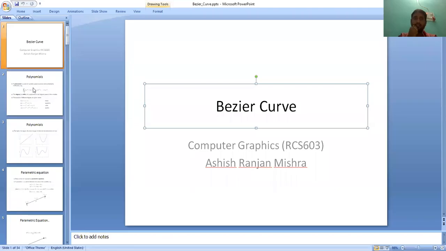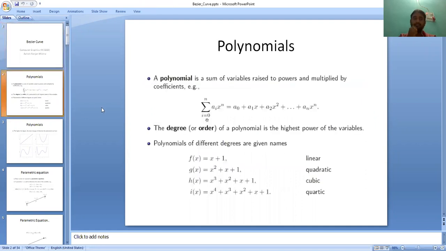Before studying the Bezier curve, we are slightly moving towards what a polynomial is. A polynomial is a function that is the sum of variables raised to powers and multiplied by some coefficients. For example, when we write the sum for i equal to 0 to n of ai xi, that is a0 plus a1x plus a2x square plus up to an xn, as you can see in the slide here.